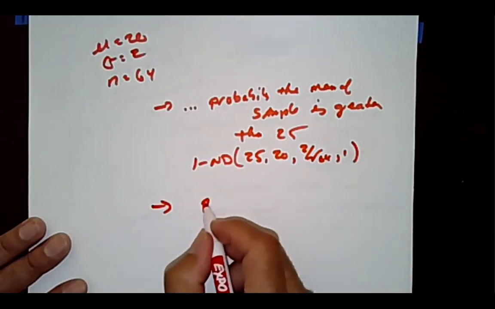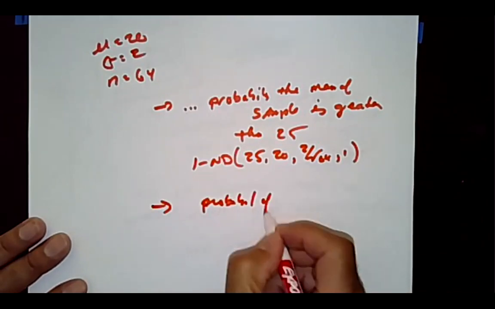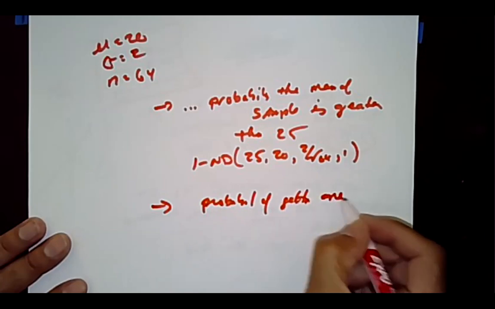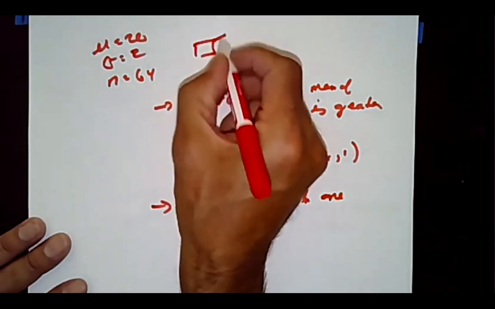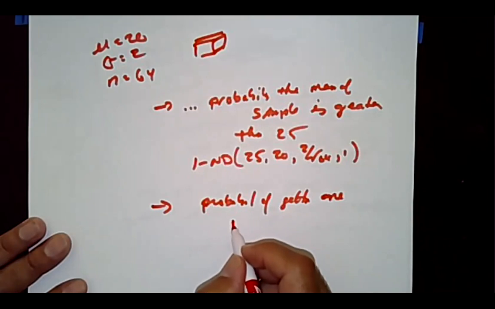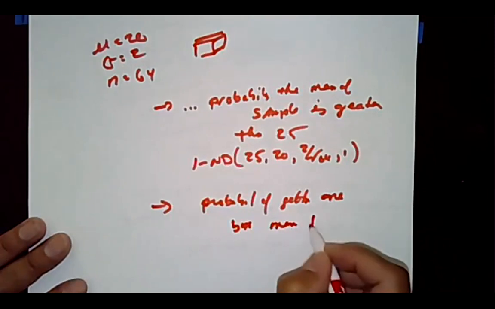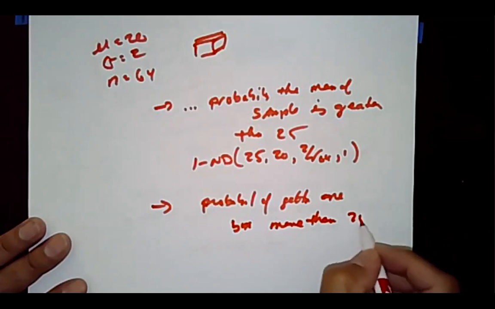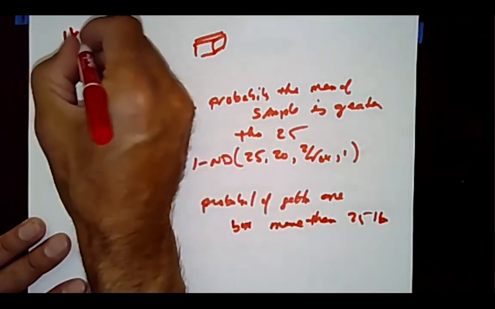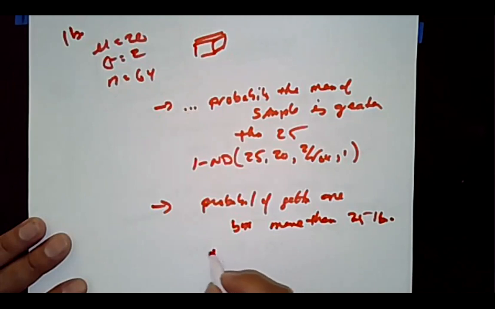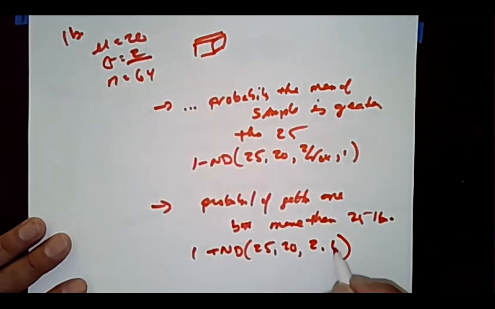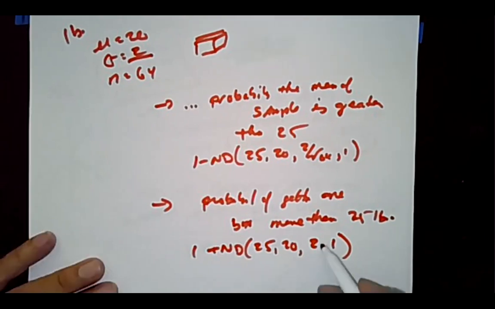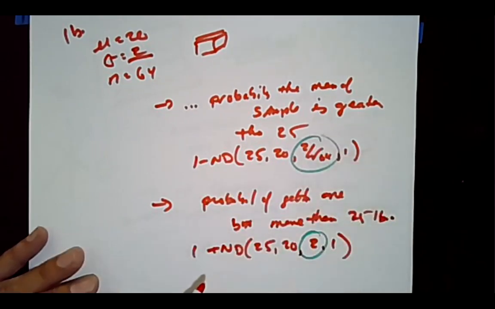On the other hand, is the probability of getting 1, again, let's say these are, you know, boxes, right? These are boxes of something. Getting 1 box more than 25 pounds, let's say these are pounds, more than 25 pounds, that would just be 1 minus norm dist of 25, 20, 2, 1, right?